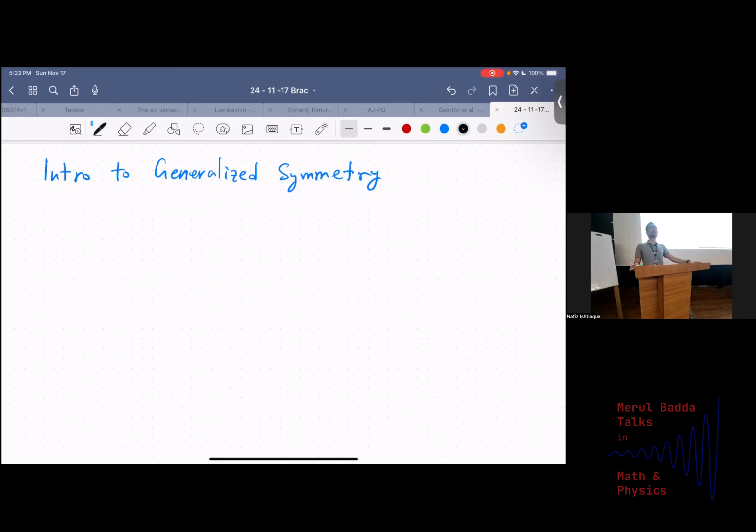By the way, are you guys familiar with this term, generalized symmetry? Okay, that's fine. So, maybe at the end of the day, I want to say something like: 4D Yang-Mills theory has a U(1) × U(1) one-form symmetry.